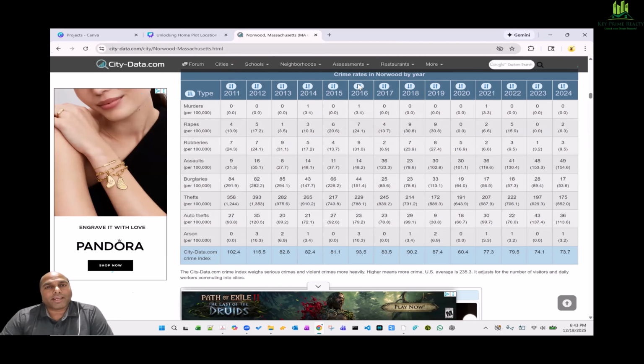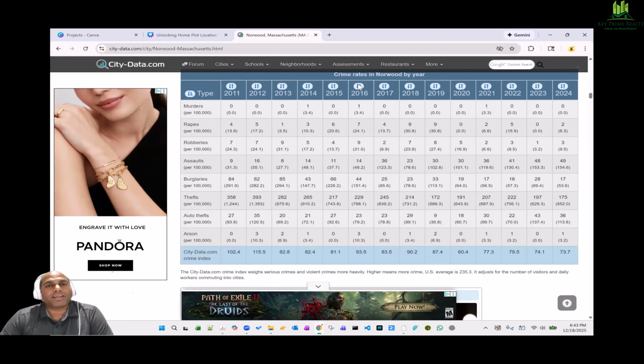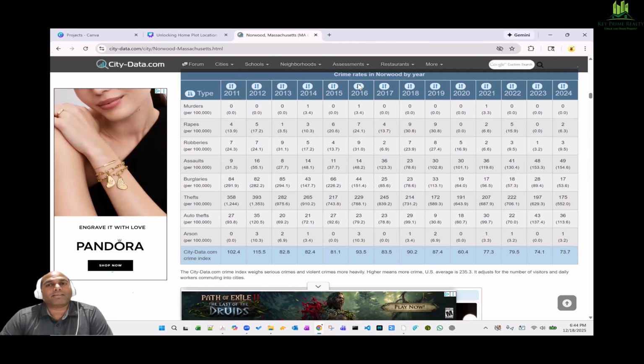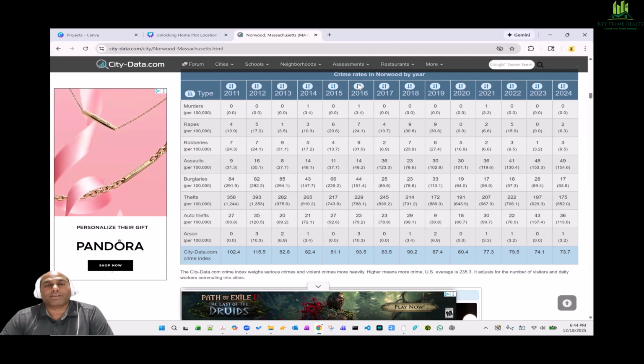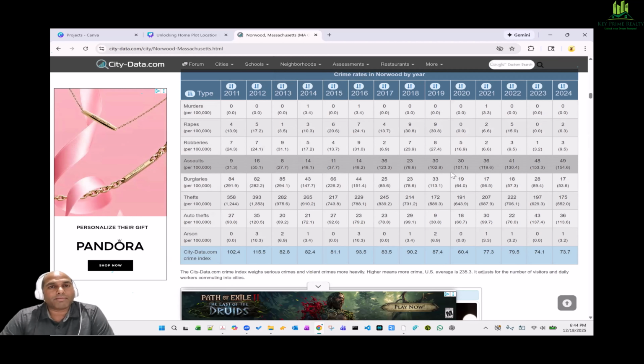But if you're getting the same 200K per door in, say, Norwood, whose median income is, say, 100K, that's how you compare. I don't need to go all the way there to buy a property, whereas I'm getting a similar property here, which is close to me. It's all relative, and these numbers will help us make decisions.